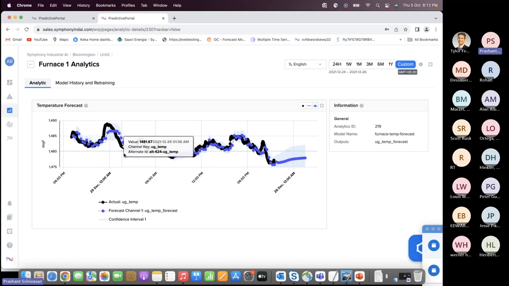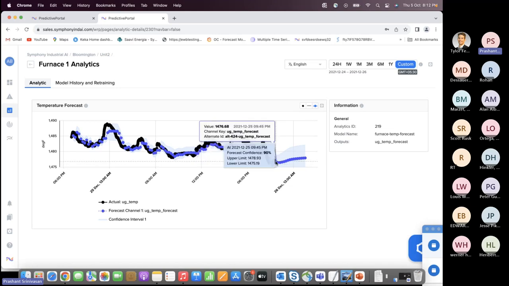This is the history of the forecast, and then this is the forecast into the future. This is basically the output of that deep learning model that's running on the live data, and it predicts over the next few hours horizon what the temperature would trend like, and it also gives you a confidence bound. You can see the confidence bound increases over time because the uncertainty is higher.